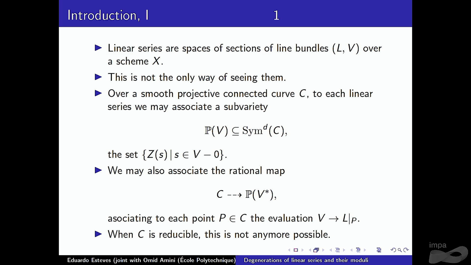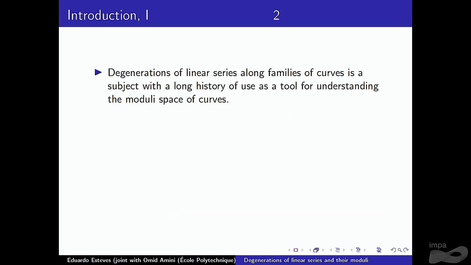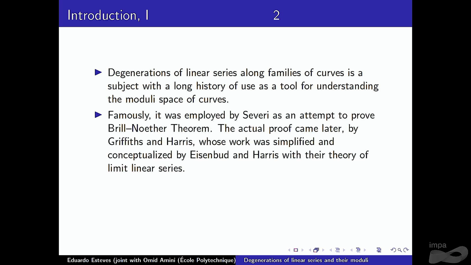OK, so what I've been talking about are these works by Eisenbud, Harris and Morrison, but in fact, the theory of degenerations as a tool to understand curves in general goes a long way back. The recent interest since the 80s was because of the Brill-Noether theorem.